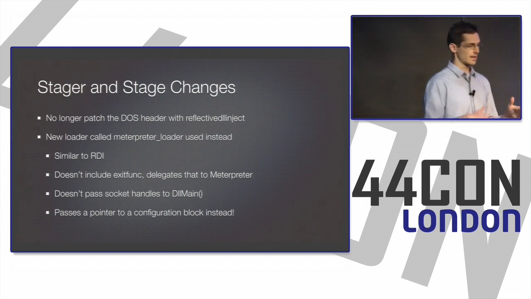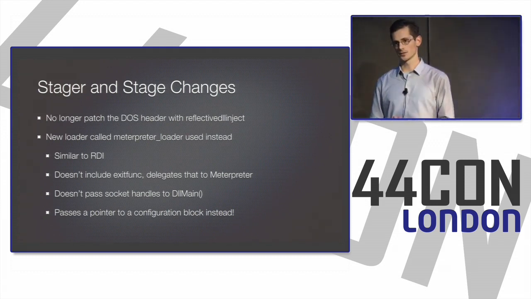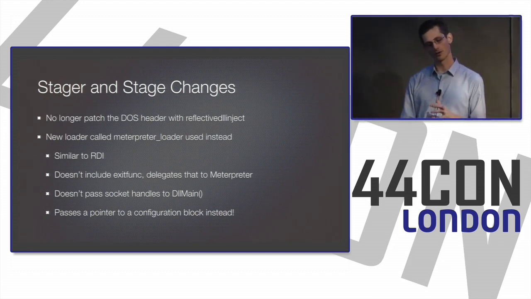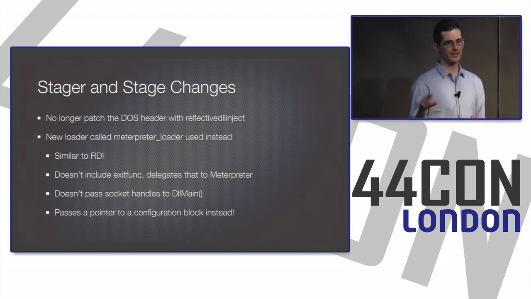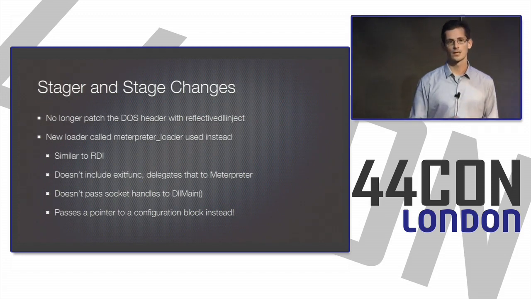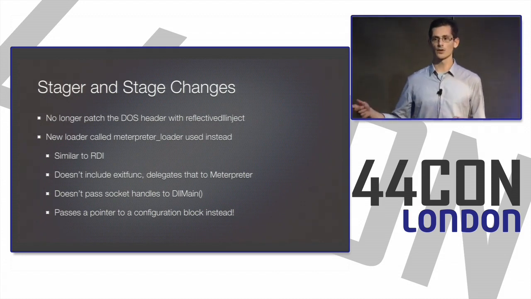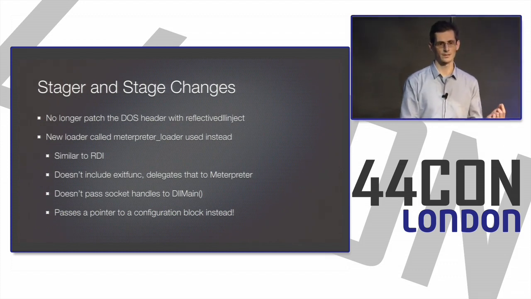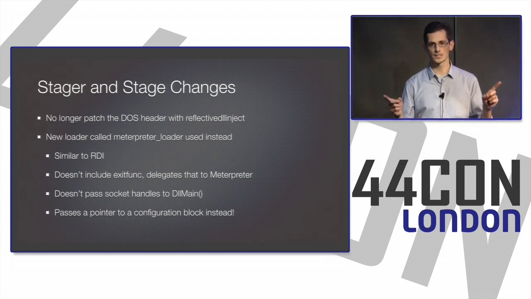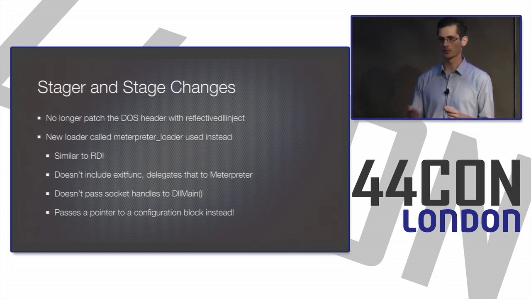That area which was the DOS header gets filled in with a bit of code that effectively does the following. It figures out where it is in memory. It figures out where the reflective DLL loader function is and calls it. And then when it's loaded, what's returned from that function call is a pointer to DLL main. So we now have a valid DLL sitting in memory, and we can call DLL main with parameters on it, right?